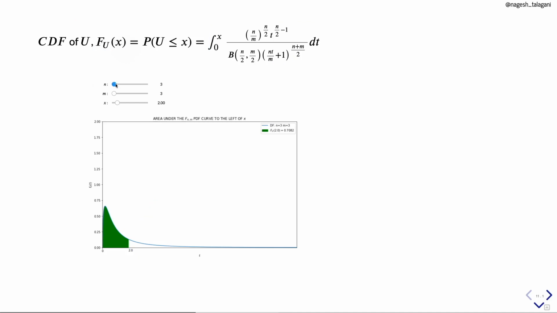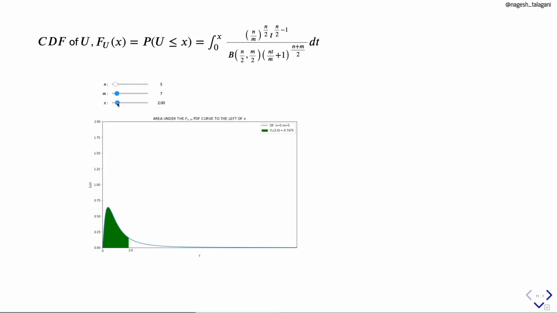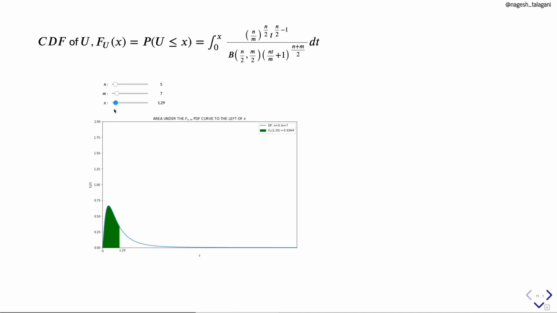Now let me change the n value to 5, m value to 7, x value to 1.29. See, we have a CDF value of u at 1.29 of 0.6344.